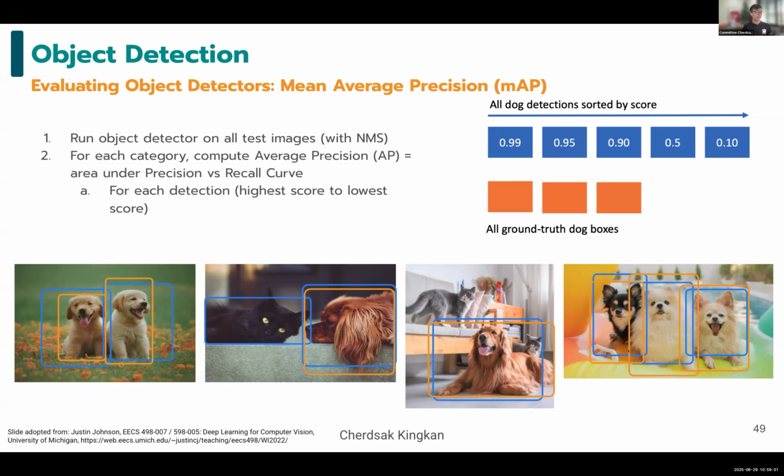Then for each and every image, we have our ground truth, right? We know where the dog is within this test image.